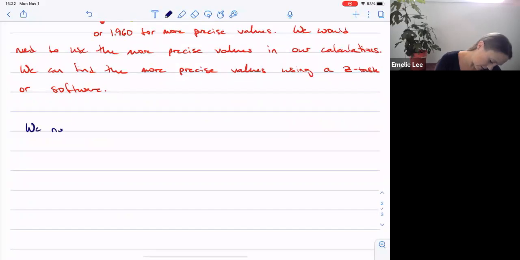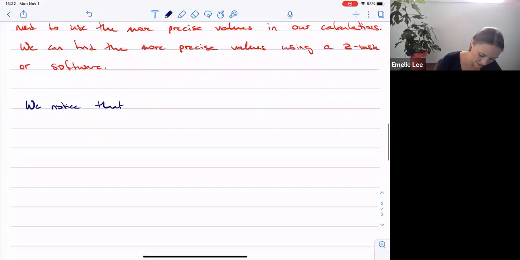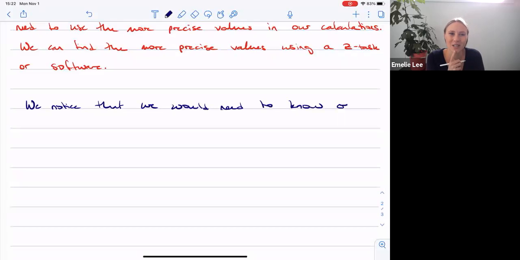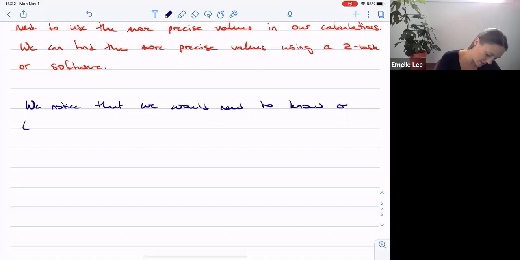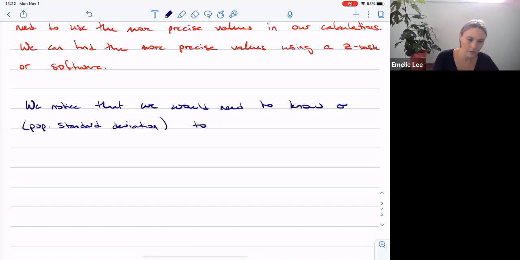Now, one thing we notice is that we would need to know sigma, which is the population standard deviation, to do the calculation, right?